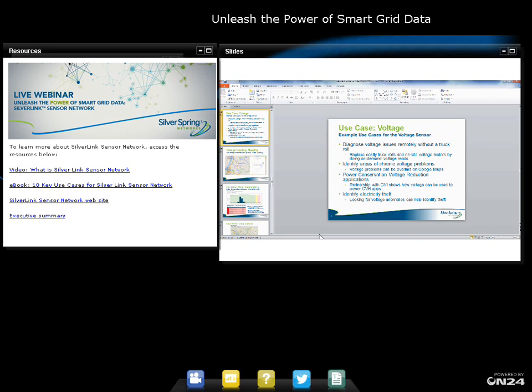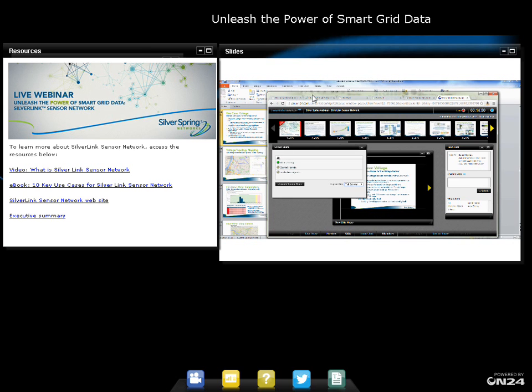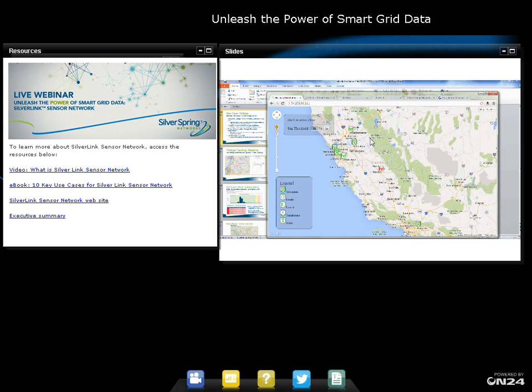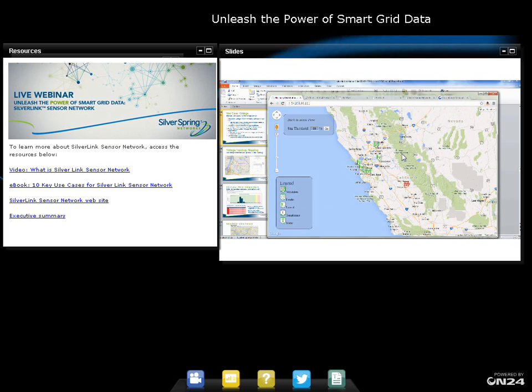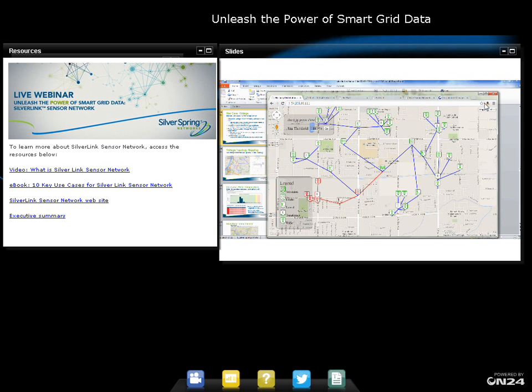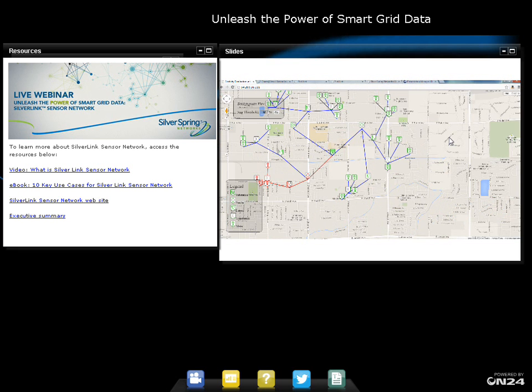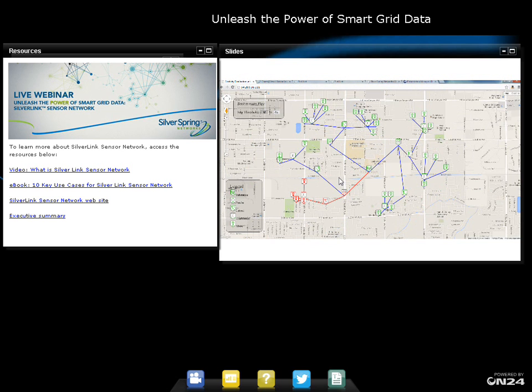We're going to give a quick example here of a voltage demonstration that we've built. You can see we've had some demo data put in here, but this is an example of a feeder topology, and you're able to dive in on that topology and see voltage at multiple different levels.